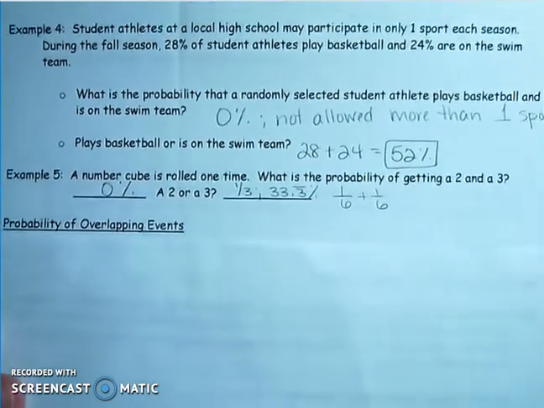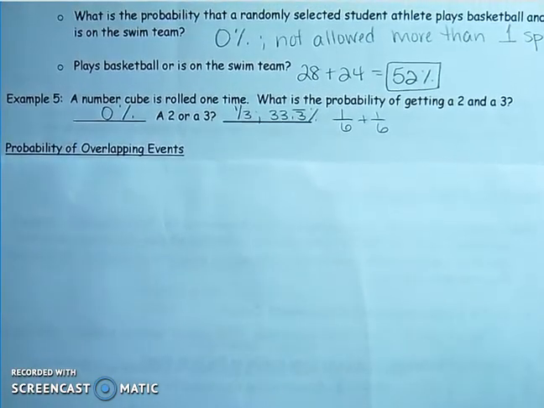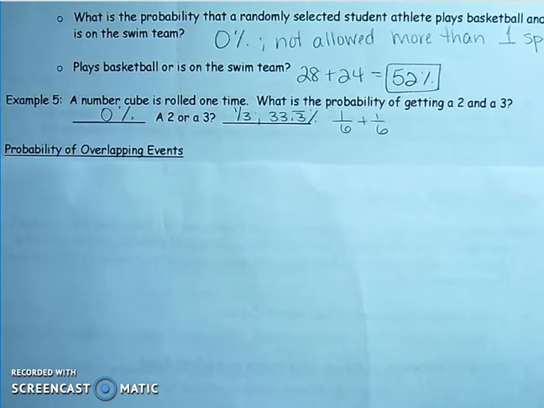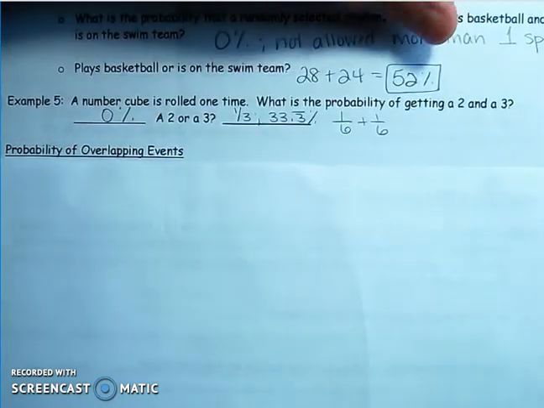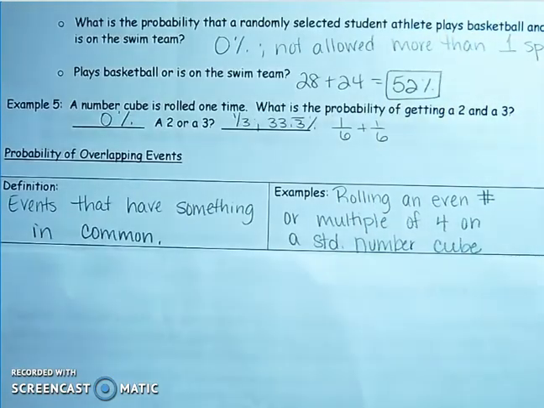Then sometimes events overlap, meaning you can have one thing happening or another, but there's some common ground in between them. And the problem with that is you cannot count that overlap more than once because it skews our data. So the definition of overlapping is events that have something in common.